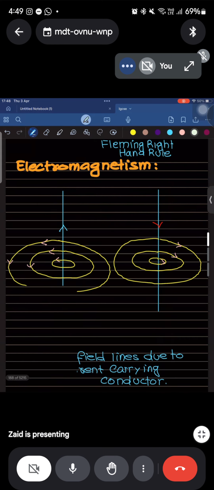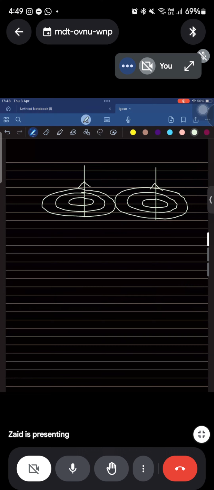Both are going to be, as we just discussed, anti-clockwise. You need to remember: anti-clockwise, anti-clockwise. See, it comes from here, goes like this, goes like this.